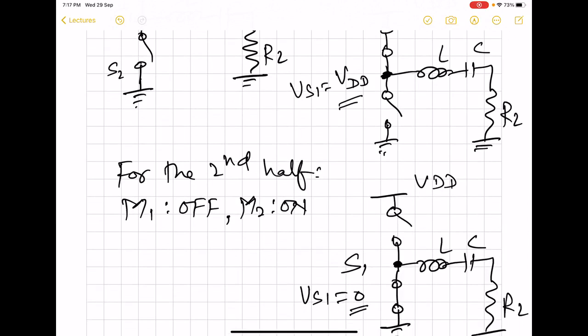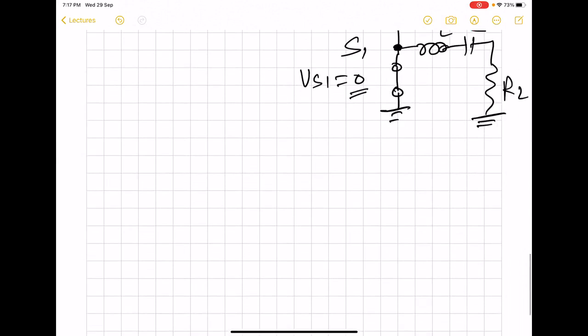So now we can further simplify this and say that the equivalent scenario is something like this.